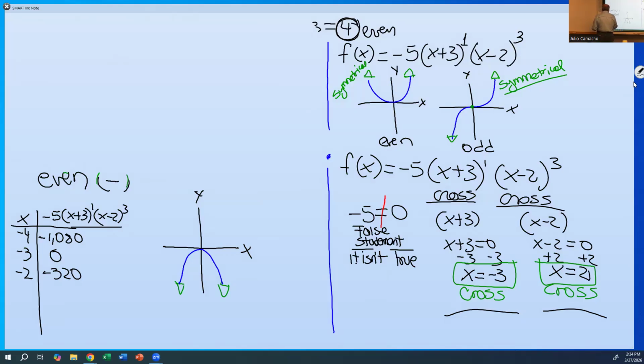When x is -3, y is 0. And then when x is -1, y will be -270.